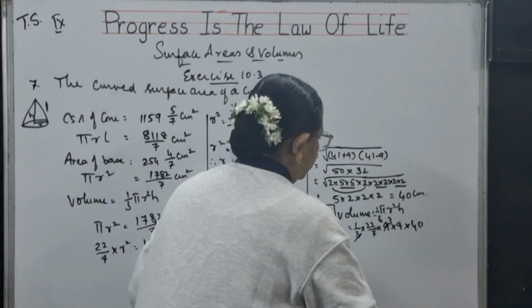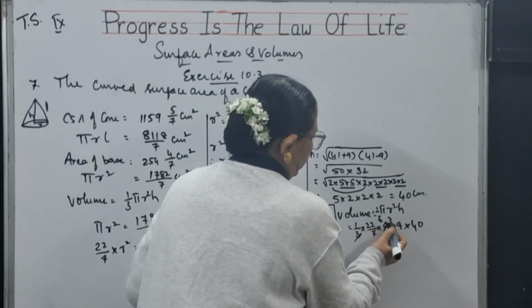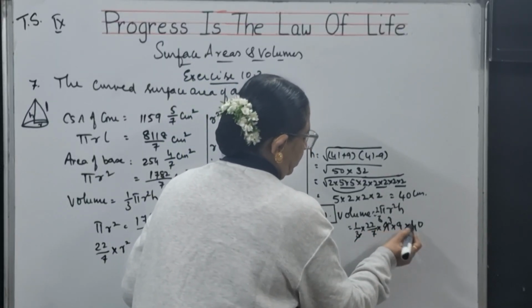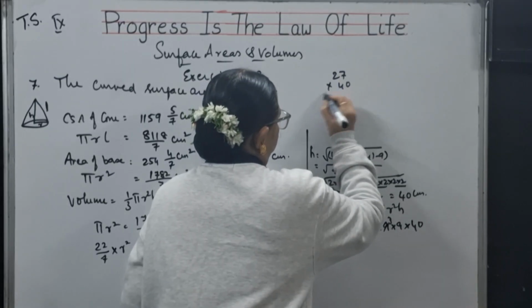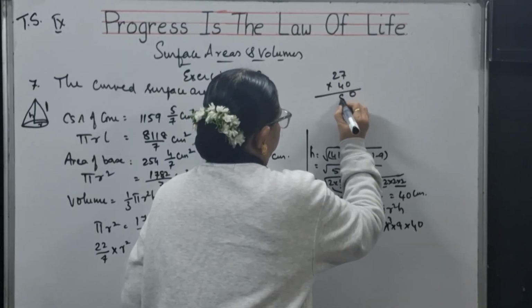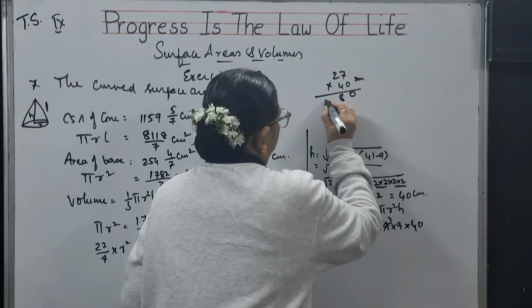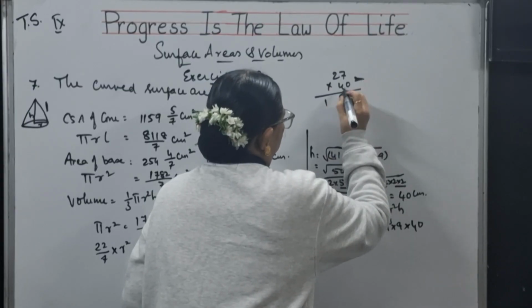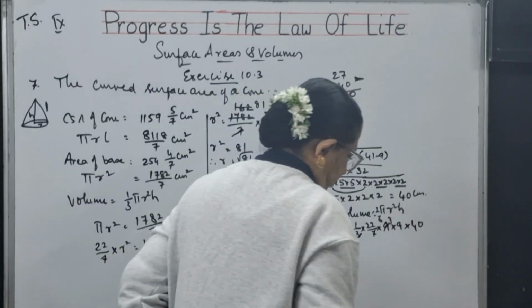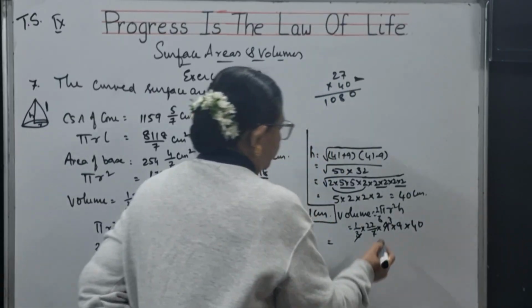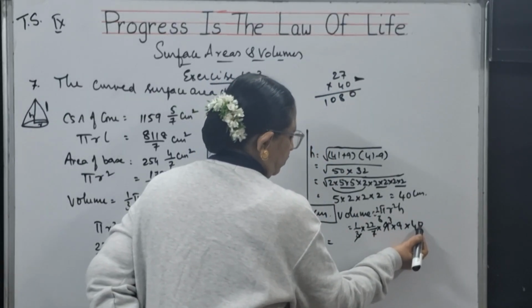So now 3 nines are 27, 27 into 40. 0, 4 sevens are 28, 4 twos are 8, 4 twos are 8, 10. So 1080 you are getting. So I have multiplied 3 nines are 27 and 40.